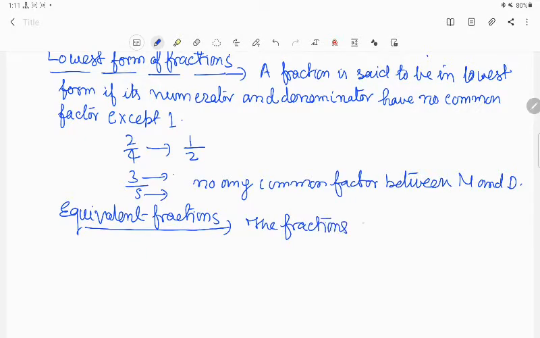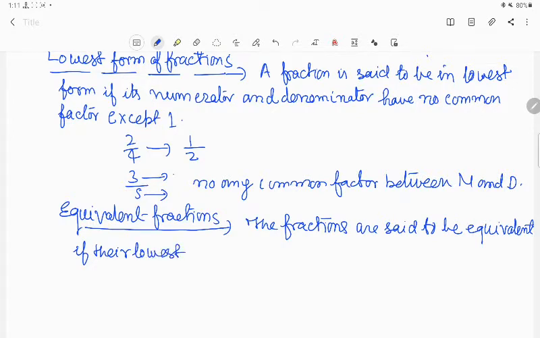Fractions are said to be equivalent if their lowest forms are equal.